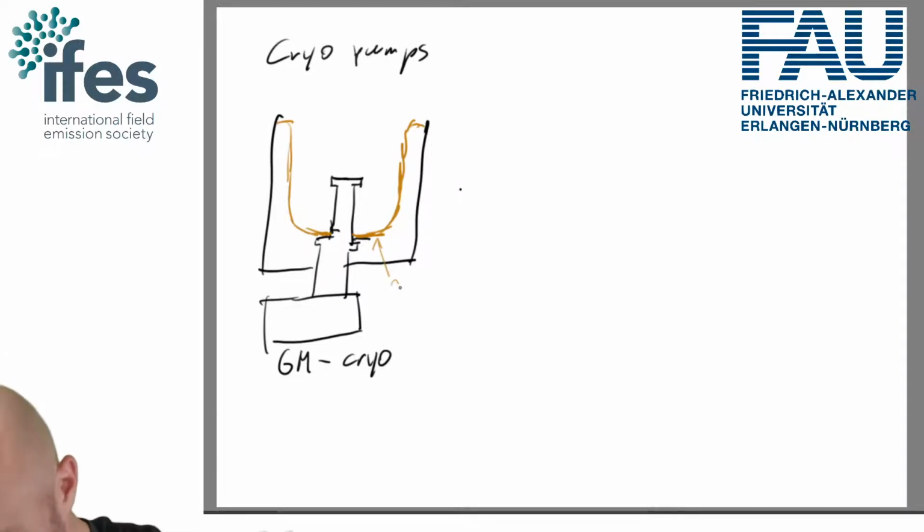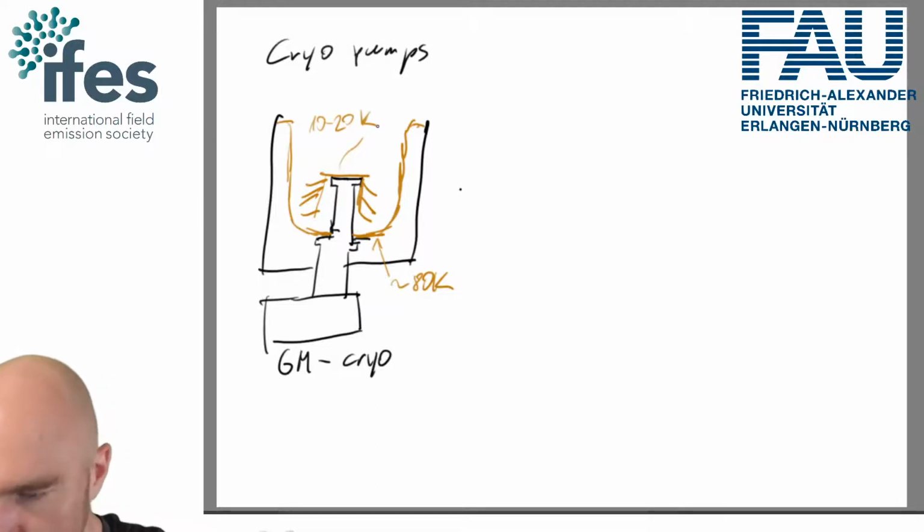Let's say about 80 Kelvin. And then you will have a second stage, and the second stage, these belong together, and this here is going to be, depending on how large it is, but let's say about 10 to 20 Kelvin.